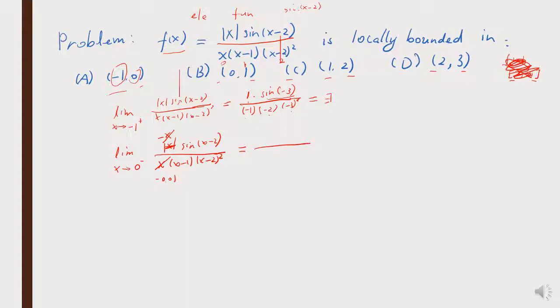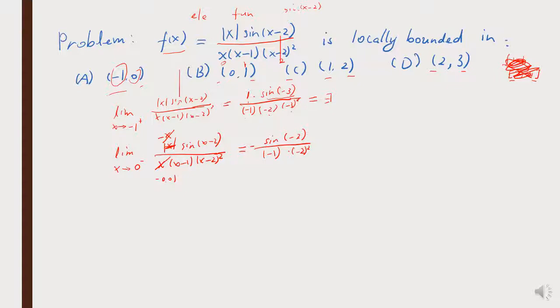For 0, what is left, don't forget the minus sign on the left, is 0 minus 2, which gives us minus 2. On the denominator we have 0 minus 1, which gives us minus 1, times 0 minus 2, which gives us minus 2, and minus 2 squared gives us positive 4. You don't have to calculate it out, you can just leave it like this.